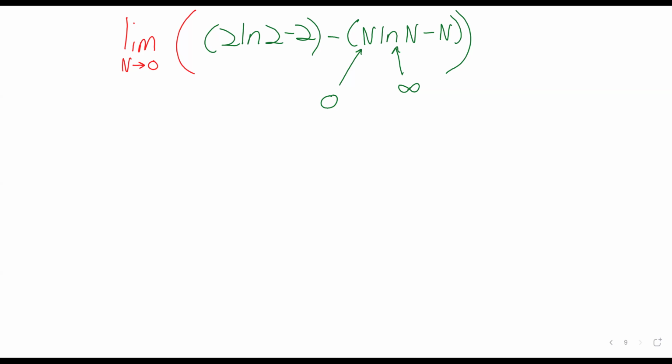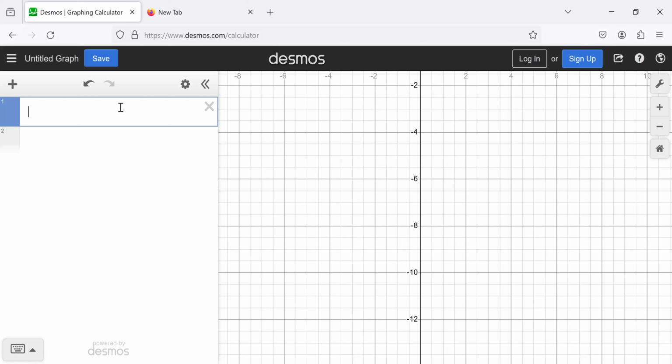And so I've learned my lesson. I'm not going to mess around with the counter, the slider. I'm going to just look at 2 ln 2 minus 2, minus x ln x minus x. I think that Desmos is assuming we have parentheses there, but I'll put them in to be sure.